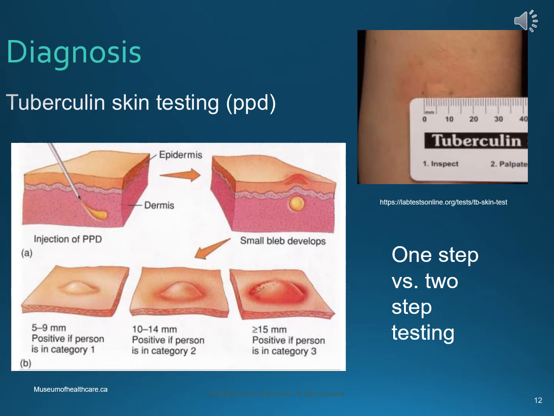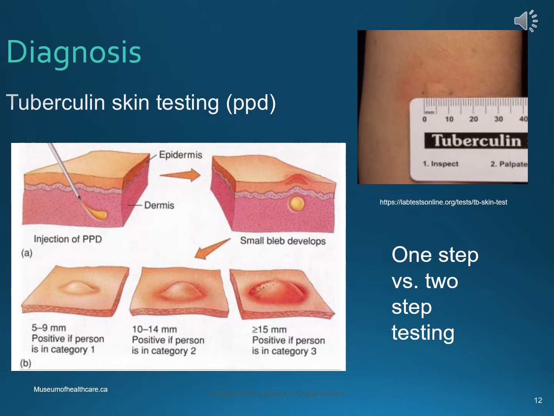This is the first of two slides that discuss the skin testing for diagnosis of tuberculosis. A liquid that has a purified protein derivative suspended in it, called PPD, is what is used for skin testing.